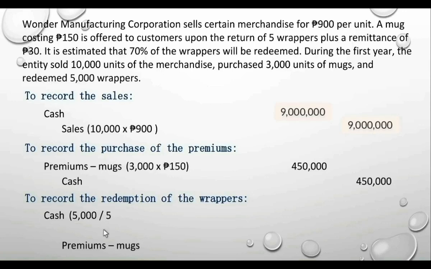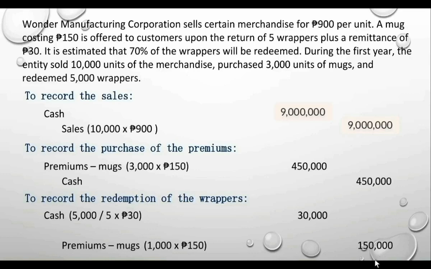Therefore, 1,000 mugs multiplied by 30 pesos equals 30,000 total cash received. How about the amount to be credited here to premiums mugs? 1,000 mugs distributed, that is 5,000 divided by 5 multiplied by the purchase cost of 150 pesos equals 150,000.